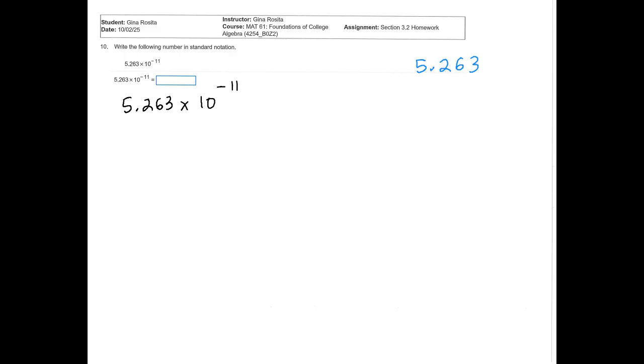Because this is negative 11, you start from here, move to the left by 11. So it becomes 1, 2, 3, 4, 5, 6, 7, 8, 9, 10, 11, and put down. Okay, I put it on the top, just put the 0.